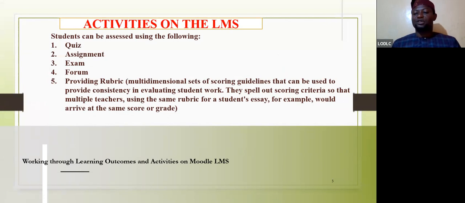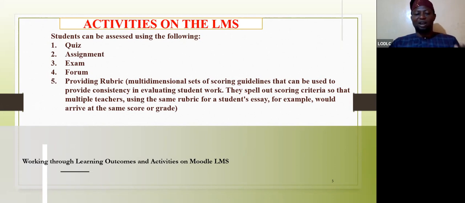We have various forms of activities on the LMS, but the most important of them are quiz, assignment, exams, forum, then rubric. So students can be assessed using the following forms of activities. Do you understand? We still have what is referred to as workshop as well. All these activities are grouped into two: we have formative assessment and we have summative assessment.